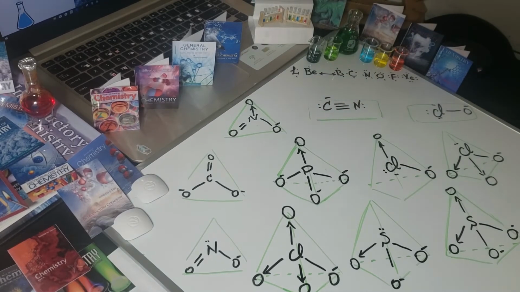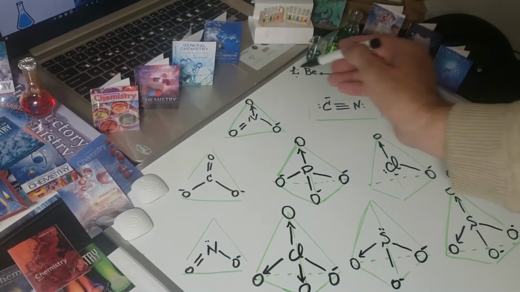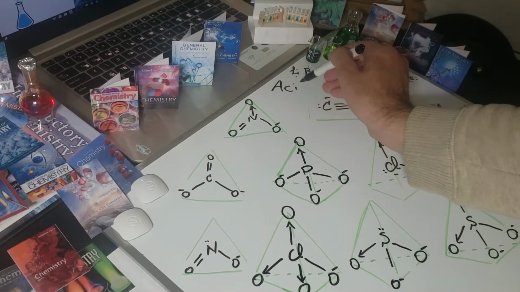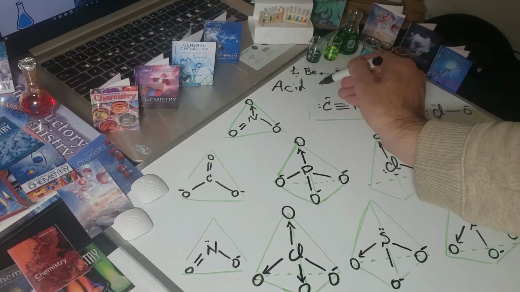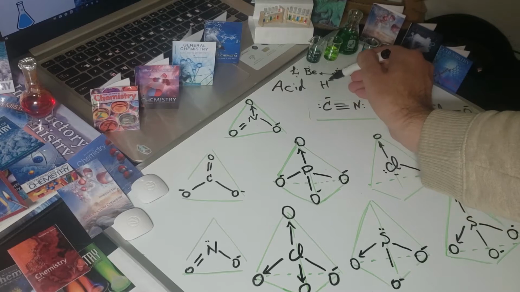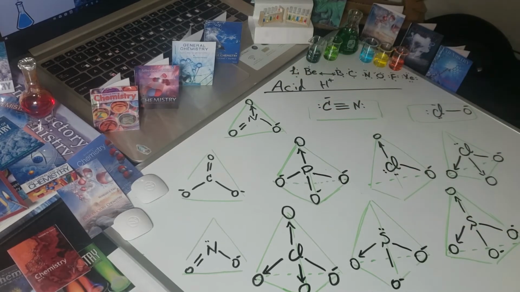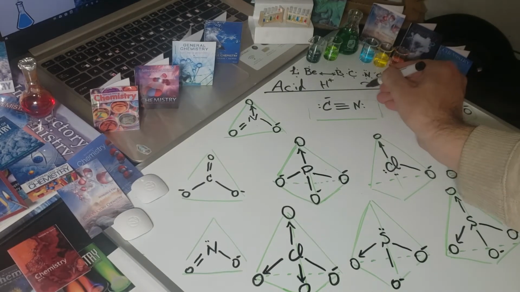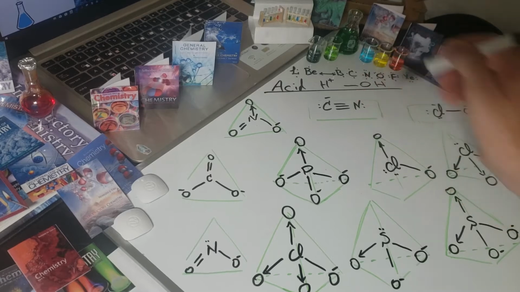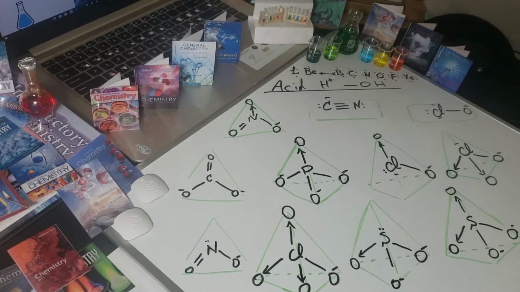And now I'm going to talk about the acidity. Acidity or acid functionality is an H plus, a proton, okay? And a proton most of the time attaches to O negative to make an OH or hydroxyl functionality, okay? An OH bond, so to speak.